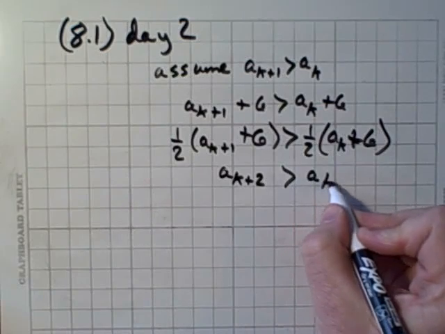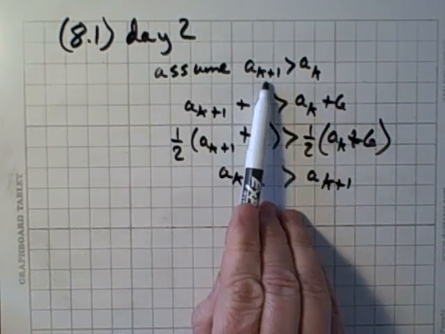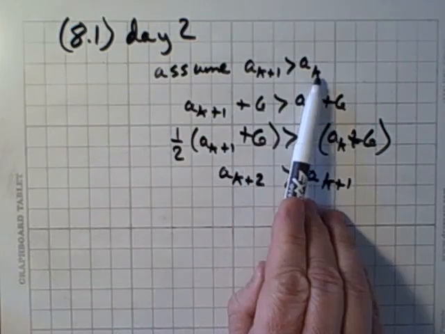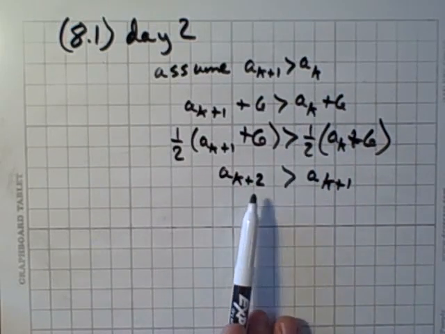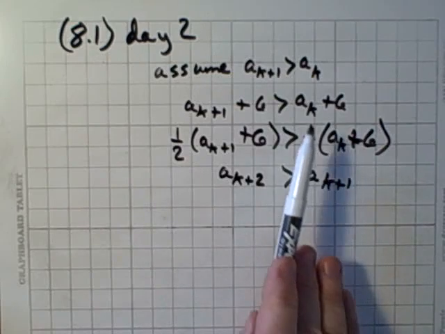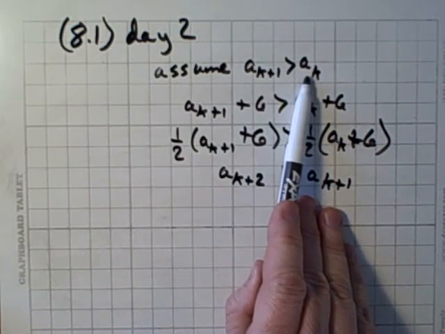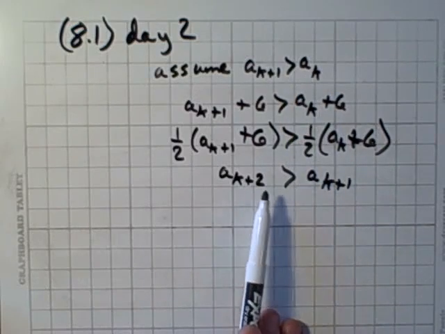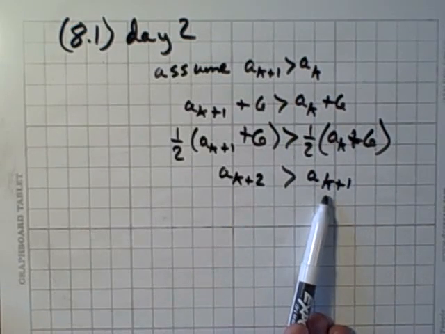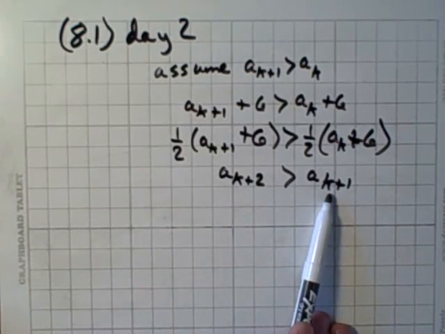And what we've arrived at is that if it's true that a sub k plus 1 is bigger than a sub k, then it is certainly true that a sub k plus 2 is bigger than a sub k plus 1. In other words, if it's true for a pair, next term bigger than the one before it, we're guaranteed the next pair will also hold that a sub k plus 2, the next term, is bigger than the one before it.